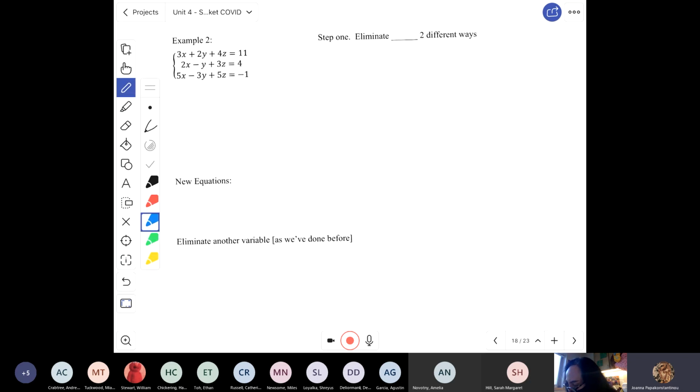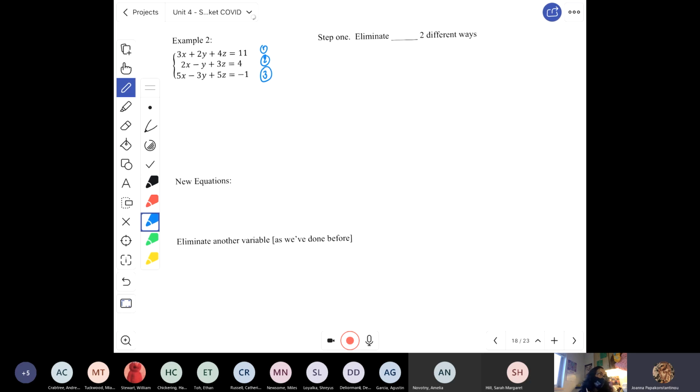So I'm going to first label each of my equations, because if you do not label everything on that quest, there is no way for me to tell what you're doing, and there's no way for me to give you partial credit. So I've labeled my equations, and I need to determine which variable I want to eliminate. Well, personally, I see in the second equation that little minus y, it has a -1 coefficient.